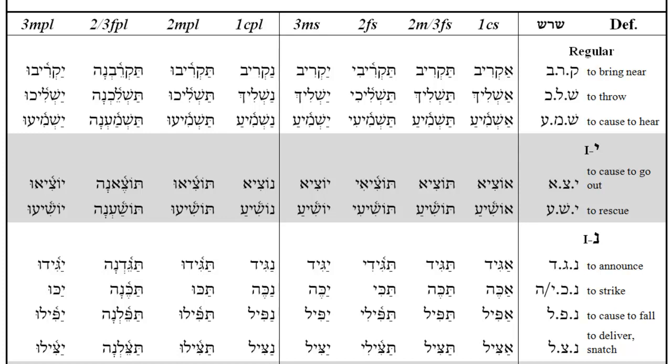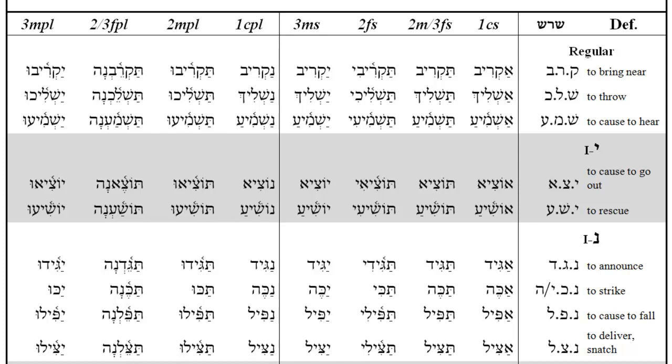Next, you'll find two examples of first yod verbs. Otzi, oshia. Notice here the first yod is becoming a holam vav. Next, there are four verbs that are all first nun. Agid, akeh, apil, atzil.